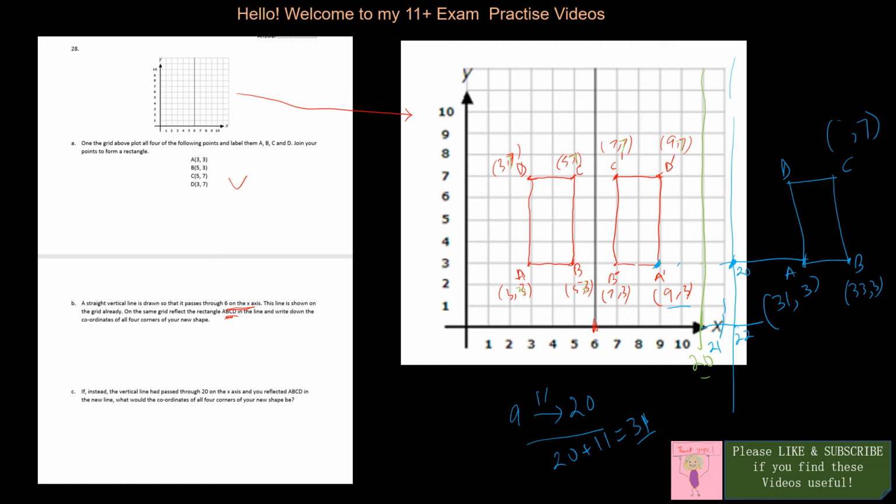So that is 11 plus 11, 22. So there will be 9 plus 22. So what will it be? It will be 33, isn't it? This will be 3. The y coordinate is 3.